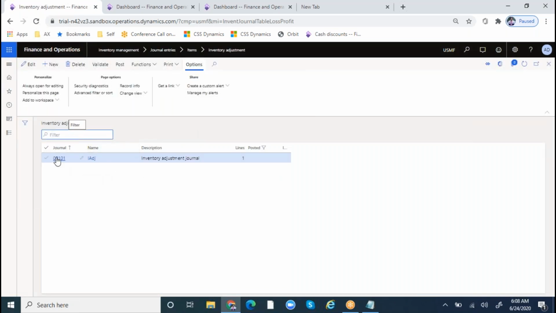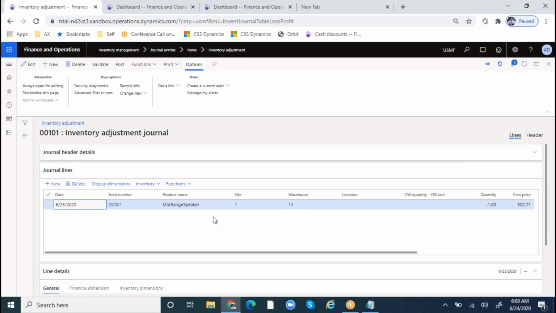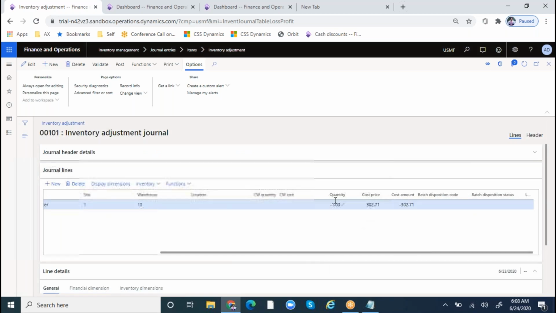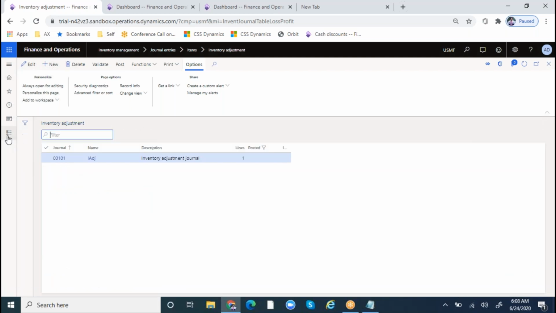Entering an inventory adjustment journal is very simple. You enter the quantity, and the cost price will be captured from the system in the released product, and it will be posted. So these two we discussed yesterday.